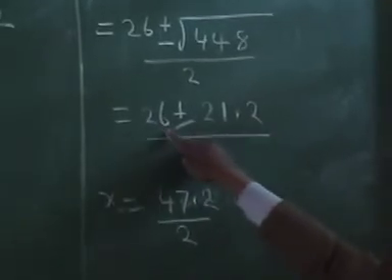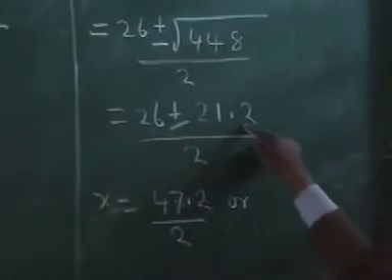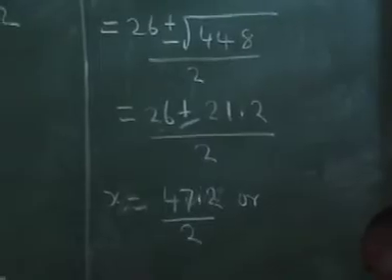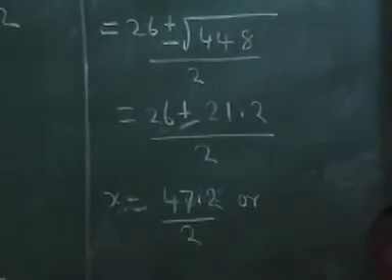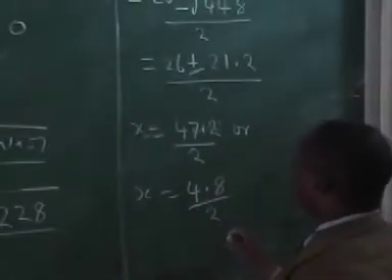Now we also go for the negative side. 26 minus 21.2 will give us 4.8, so x will be equal to 4.8 divided by 2.